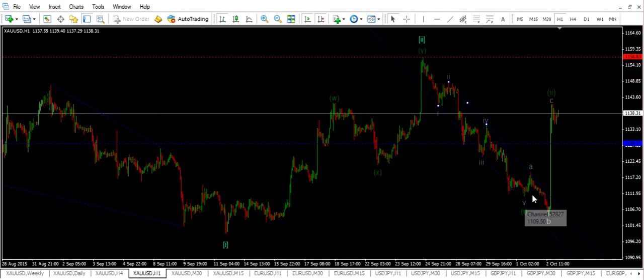Then wave 5 almost touched the channel, which is good enough. So we have had wave A, wave B, and wave C.